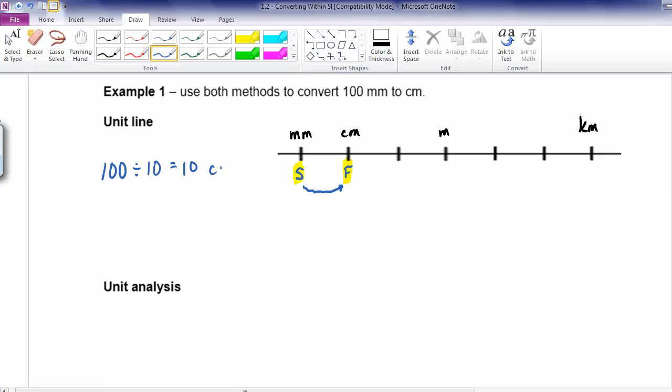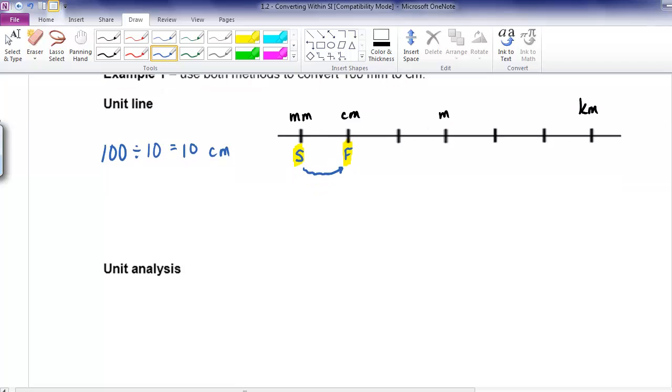So when using this bounce along the number line, I start at 100 millimeters, I make one bounce to the right, so I'm dividing by 10, I end up with 10, and of course, those are centimeters. And other than me writing centimeters at the very end, notice I didn't even bother with units in my calculation. They're in my picture. So that's one really nice thing about the unit line.